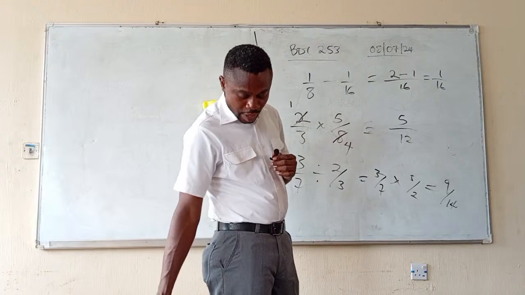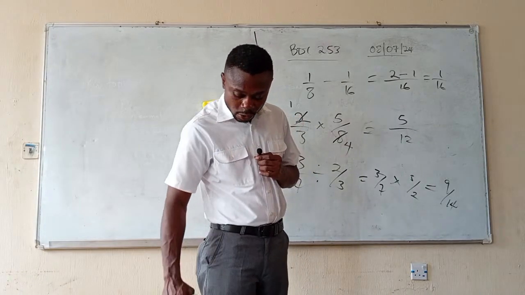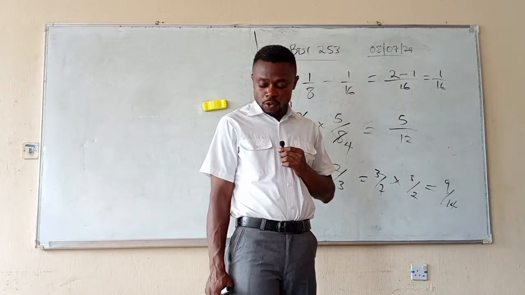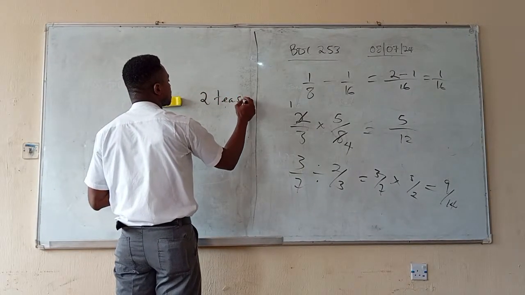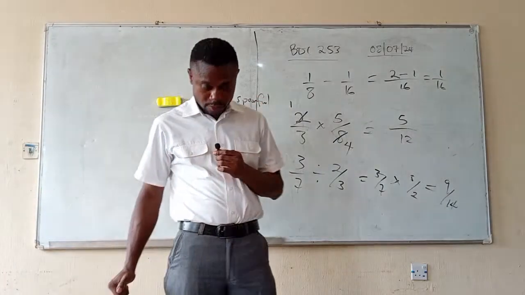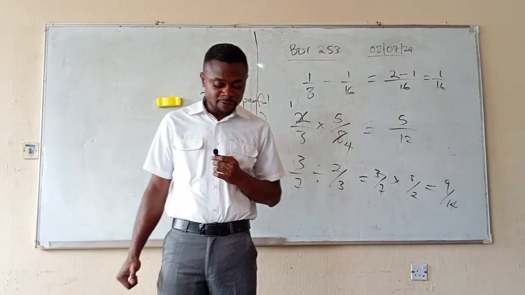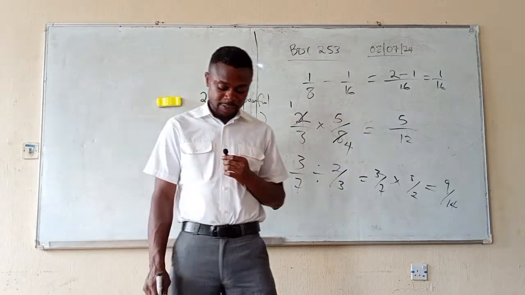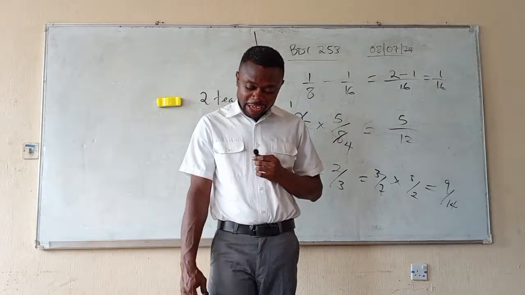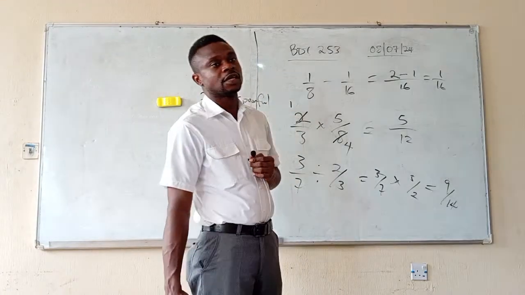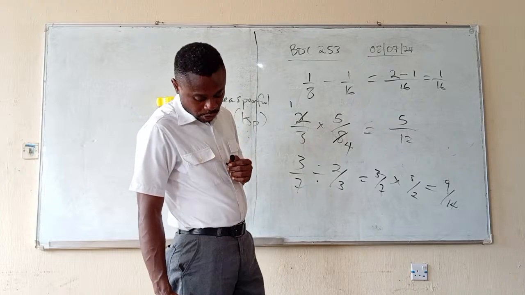The first one says, if the adult dose of a medication is 2 teaspoonful, bracket TSP, calculate the dose for a child if it is 1 over 4 of the adult dose. That's the first question.